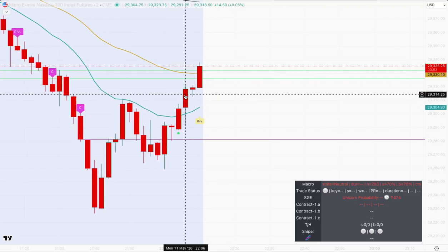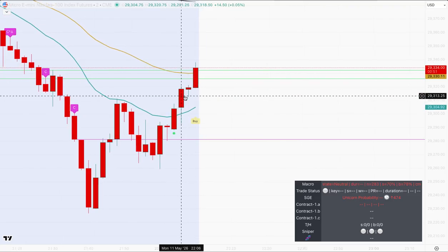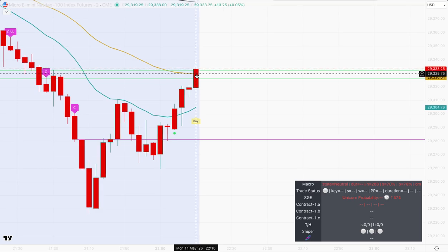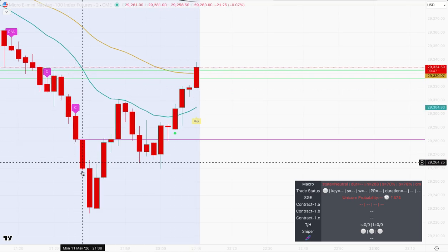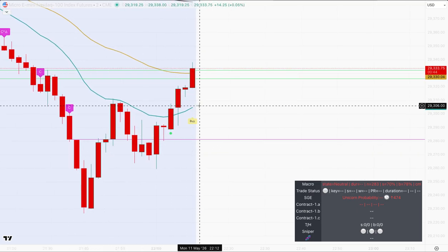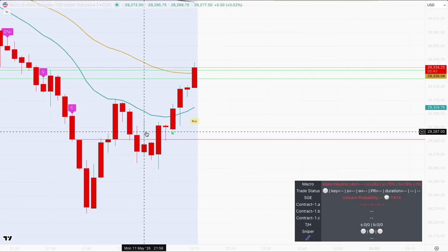Now, the reason why I would probably enter here is because this is a reversal. When it's a reversal, you need more support from the market confirming the expected outcome.